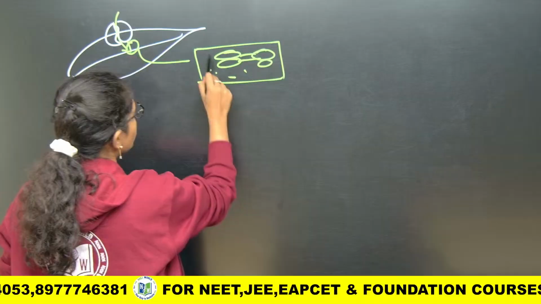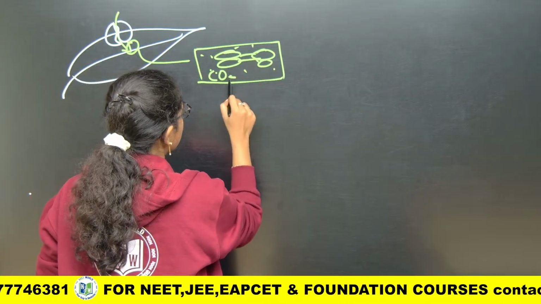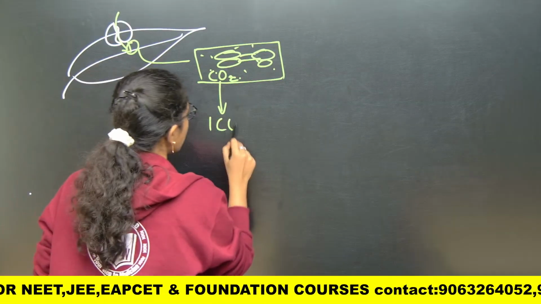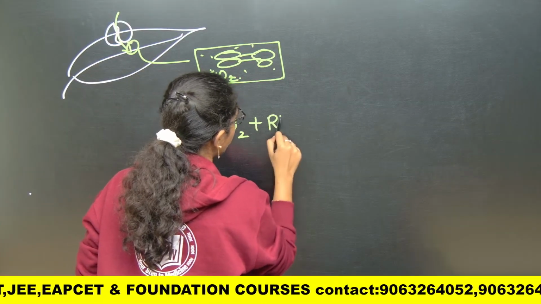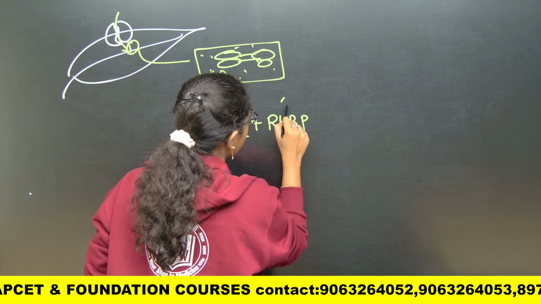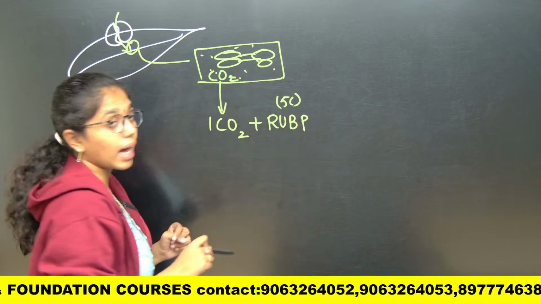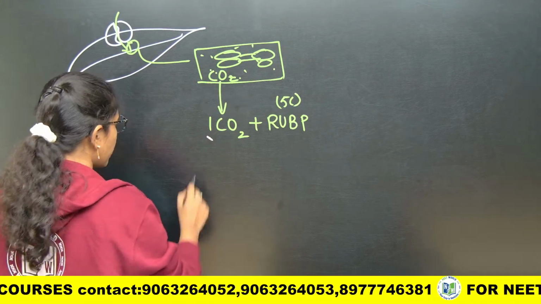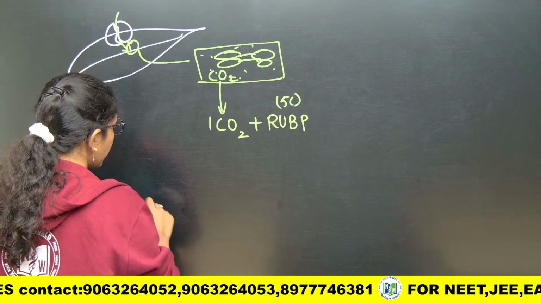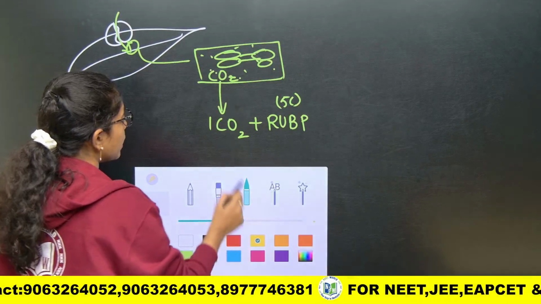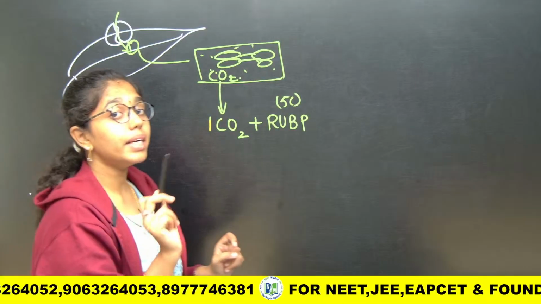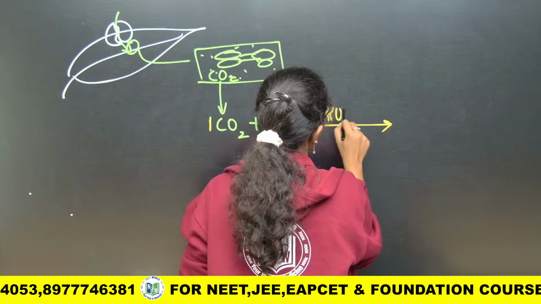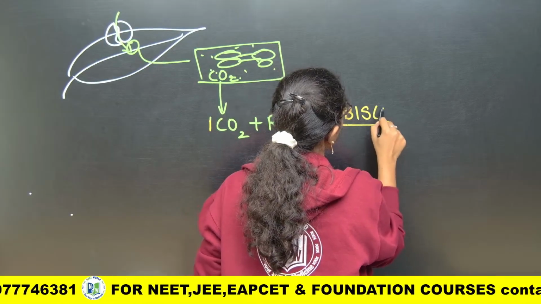In the stroma, one carbon dioxide is accepted by RuBP, ribulose bisphosphate, which is a 5 carbon compound. What is the primary carbon dioxide acceptor? RuBP. And in the presence of the world's most abundant enzyme, which enzyme is helping in this reaction? Rubisco.